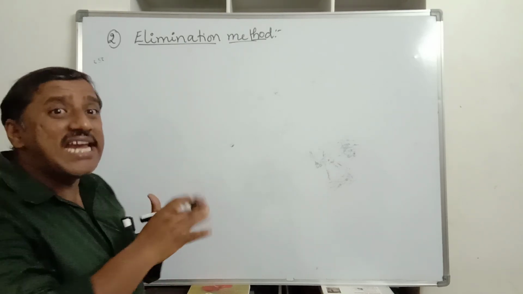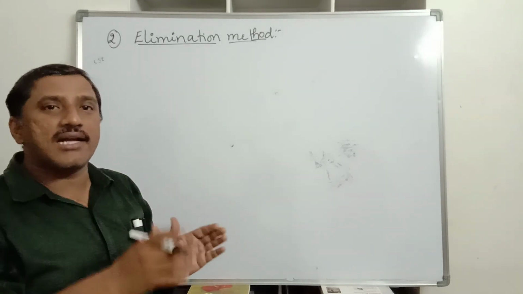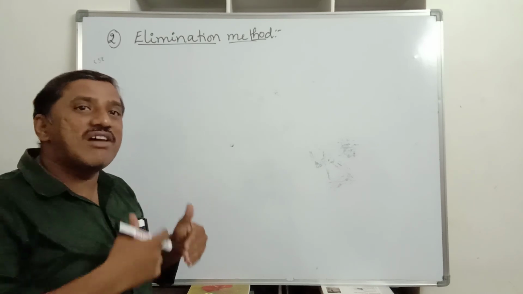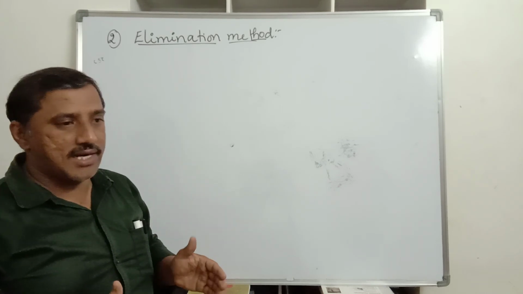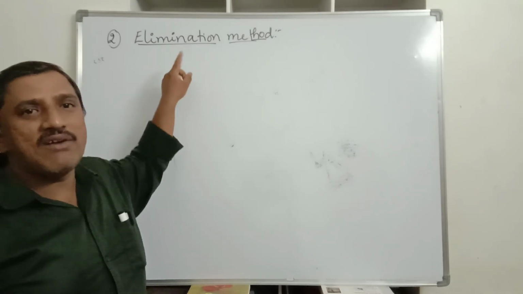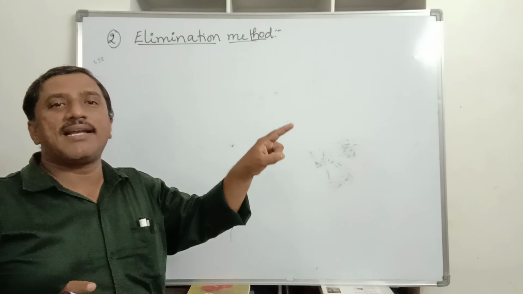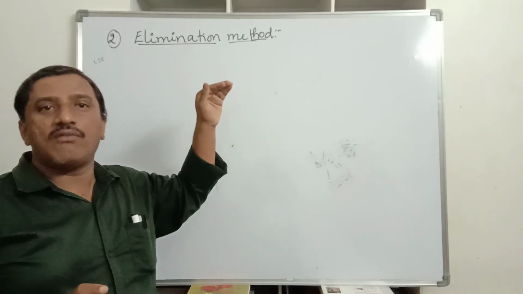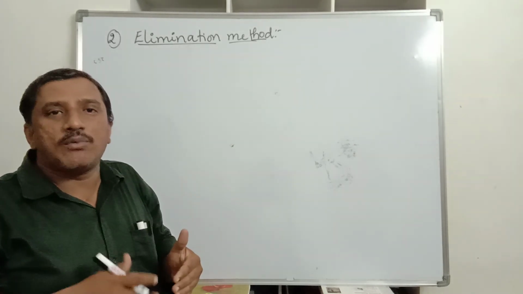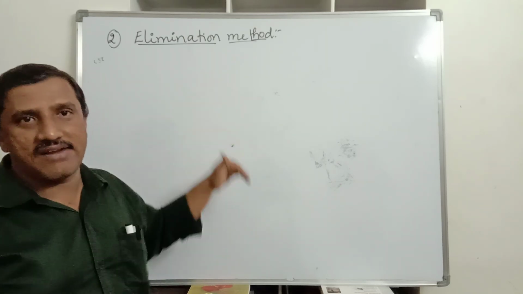By converting the coefficients of either x or y into equal coefficients. So the first step is we should make the coefficients of any one variable equal. That is done by multiplying one equation, or sometimes we need to multiply both the equations, depending upon the equations.